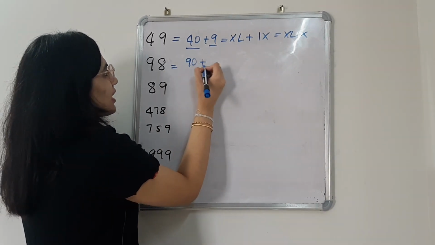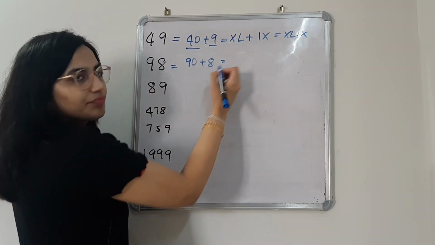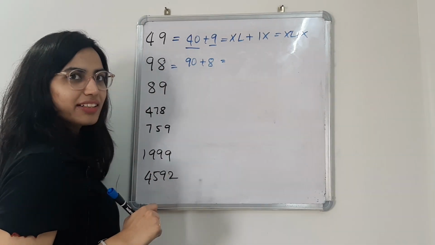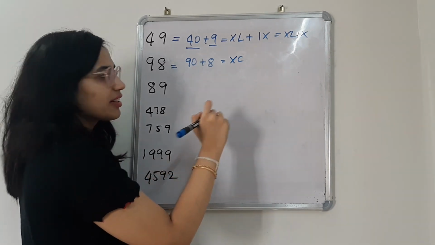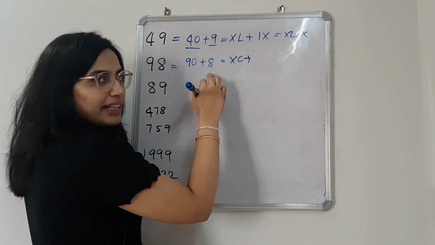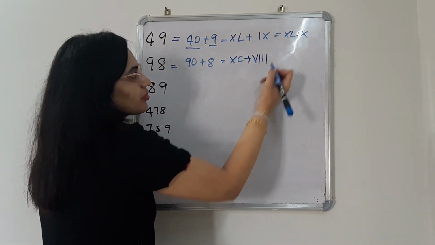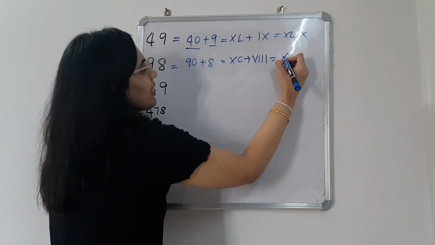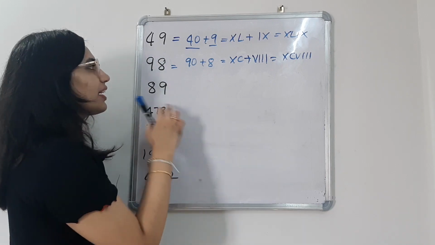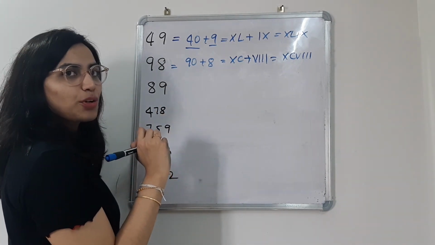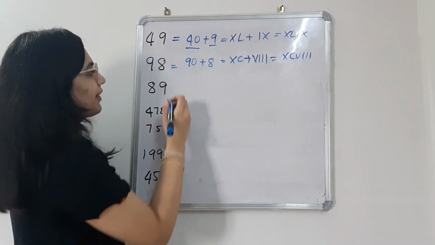Can I write this as 90 plus 8? 98. 90 is nothing but 10 less than 100. So can I write this as XC? 100 minus 10. And can I write 8 as what? Right? So this will be XCVIII. That's it. Divide the number and then write its equivalent Roman numeral and then add it.